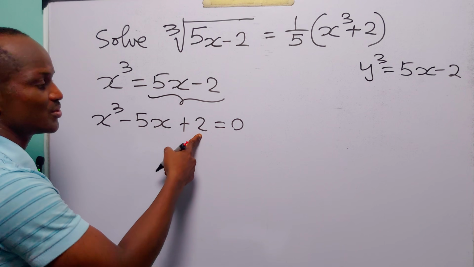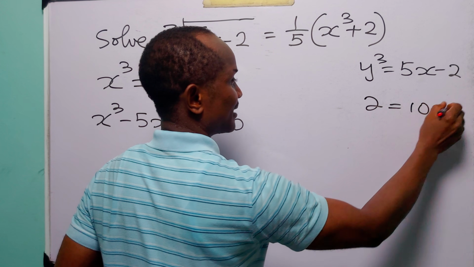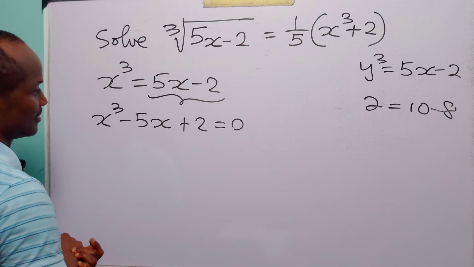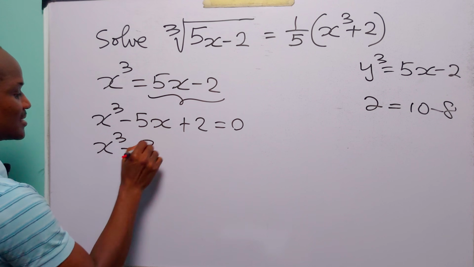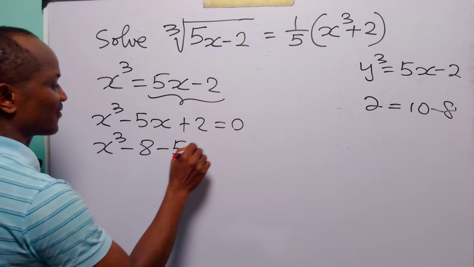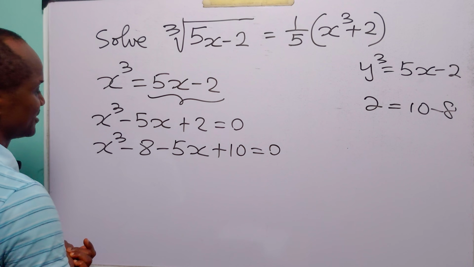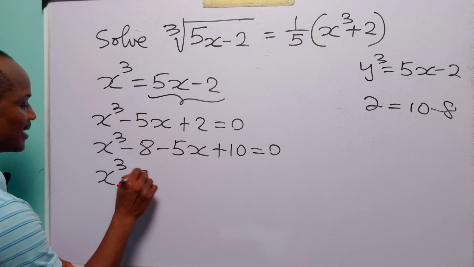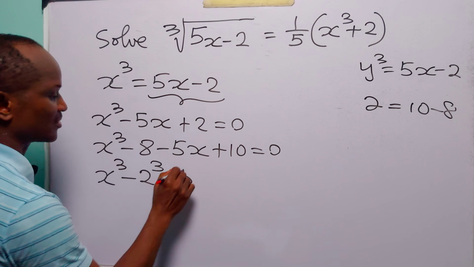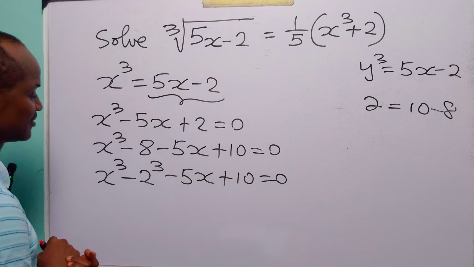Now, what we are going to do is that we will write 2 as 10 − 8. Now, when we do that, we have x³ − 8 − 5x + 10 = 0. And of course, we can write this as x³ − 2³ − 5x + 10 = 0.